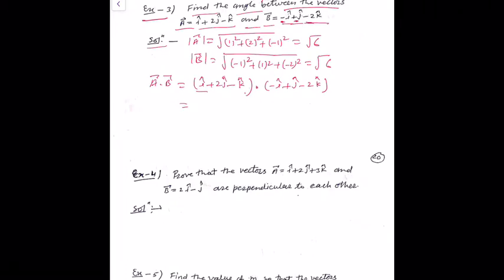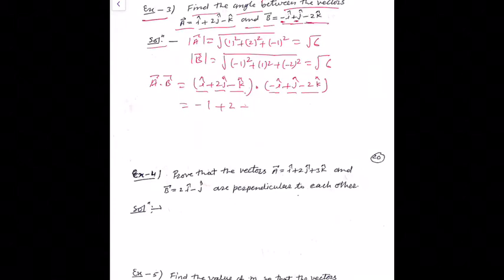Or i cap dot i cap, minus 1, plus 2j cap dot j cap, 2, here minus k cap dot minus 2k cap, plus 2. So we can write it is equal to 3.